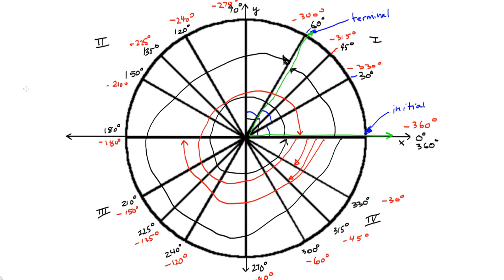So what I'm telling you is that negative 300 degrees and 60 degrees are coterminal angles because they share the same terminal side. When you start at the initial side, the positive x-axis, and you go either negative 300 degrees around the circle, that's clockwise, or you go counterclockwise 60 degrees, you end up in the same place. So that makes them coterminal.